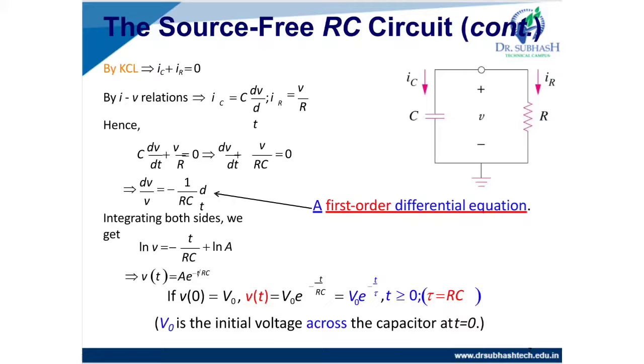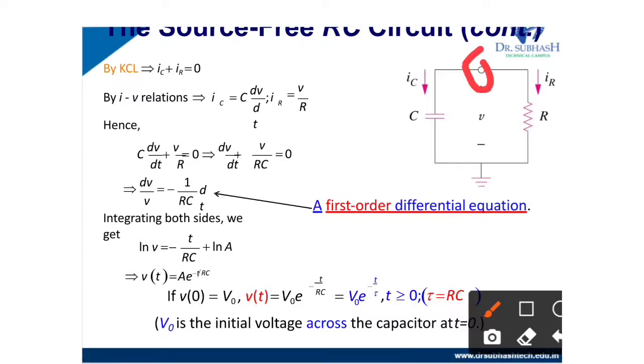By KCL at this node, the KCL statement is that leaving current equals entering current. Here both the currents, IC the capacitor current and IR the resistor current, are leaving the node. So the summation of leaving currents, IC plus IR, equals the entering current, but here no current is entering the node, so it equals 0.